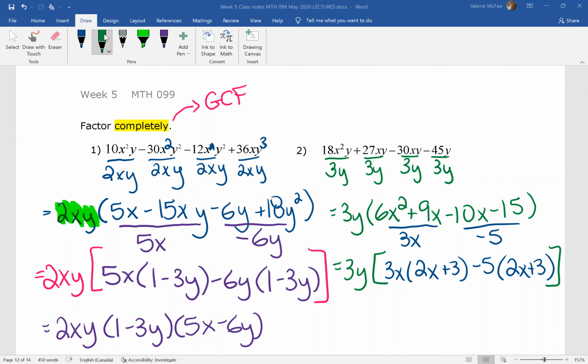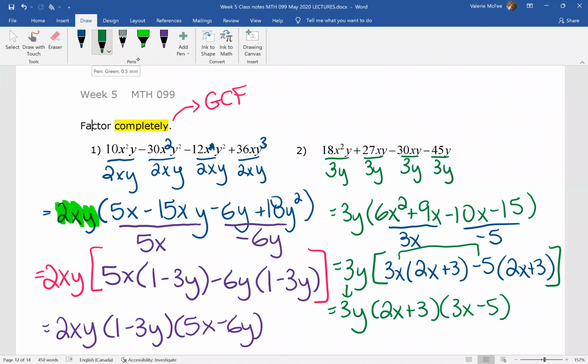Now we see that we have 2x plus 3 common, multiplied by the quotient, 3x minus 5, and we still have that greatest common factor, 3y.